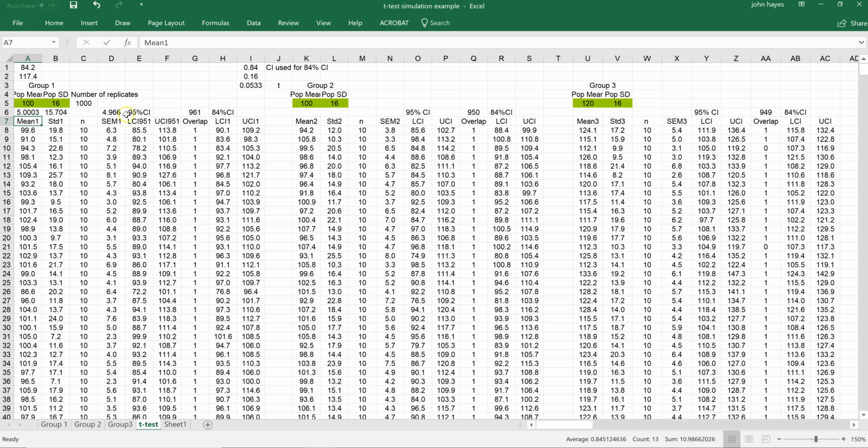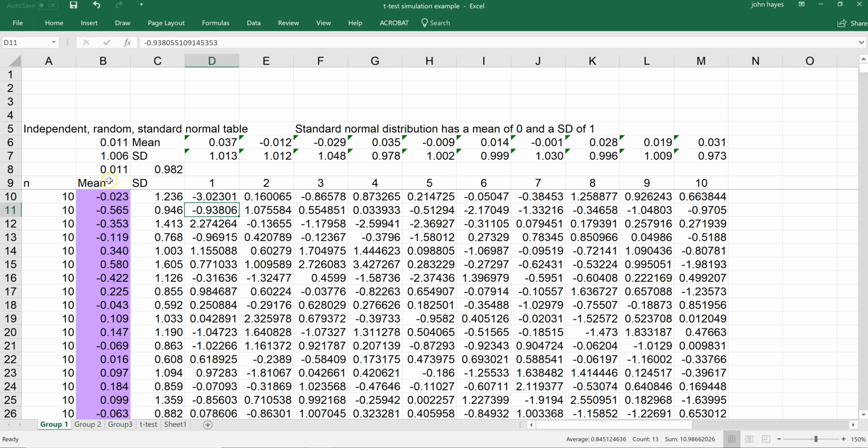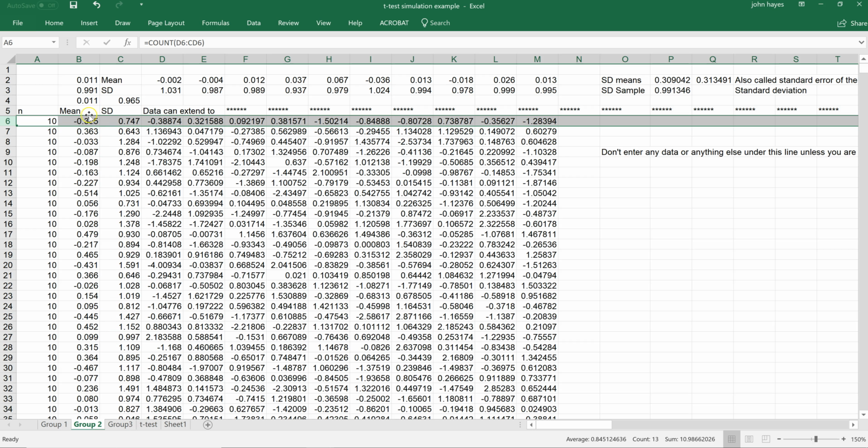Now, I did that for group 1 and group 2. Same thing. So now, when I'm running my test, before, I was comparing two groups with a mean of 0 in this group, or with an underlying mean of minus 0.023, and comparing it to a group with the sample mean of minus 365.